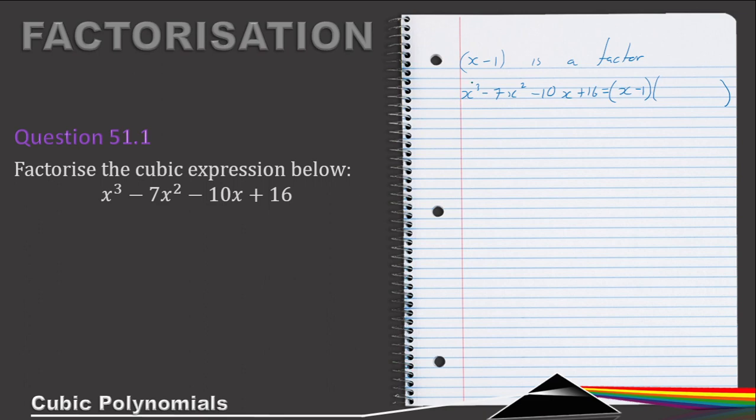So take the first term divided by the first term here, that gives us x squared, then plus kx, and then last term divided by last term gives me negative 16.